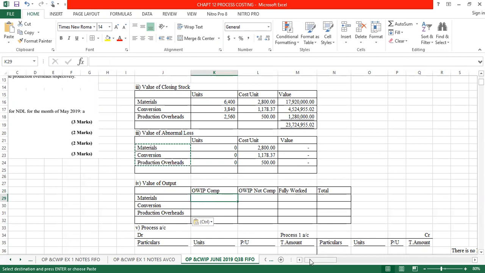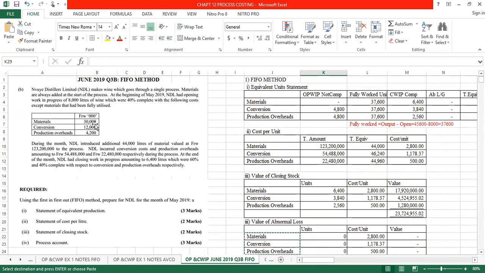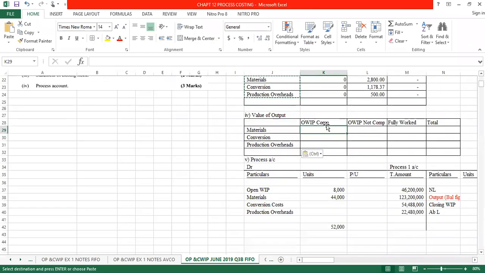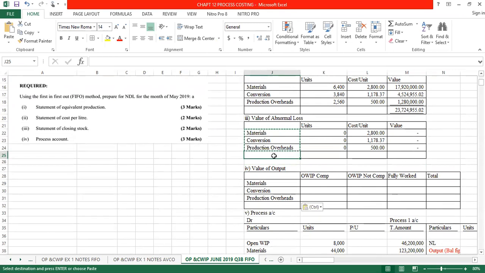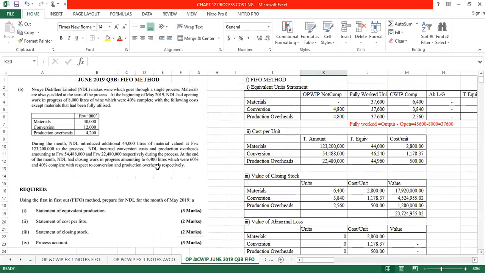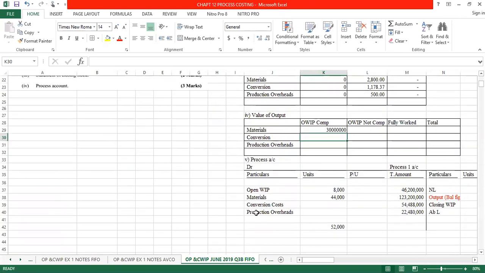Opening completed is given in the question, always given in the question. 30 million, 12 million, and 4,200,000. So 30 million, 12 million, and 4,200.